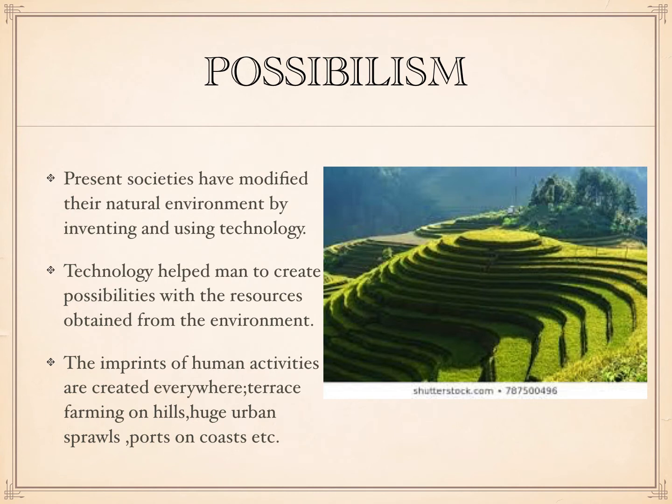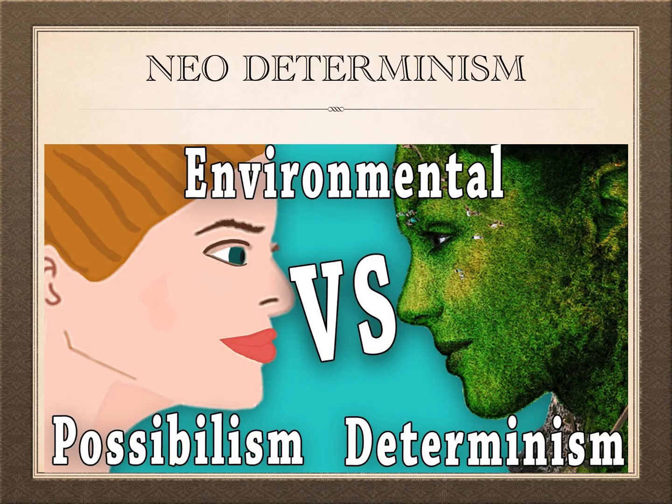The picture shows how man has started utilizing the mountains and hill slopes by converting them into patches of agricultural land. So the imprints of human activities are created everywhere, either in terms of terrace cultivation on hills, huge urban sprawls, or ports on coasts. Now the question comes, which one to follow, possibilism or determinism?